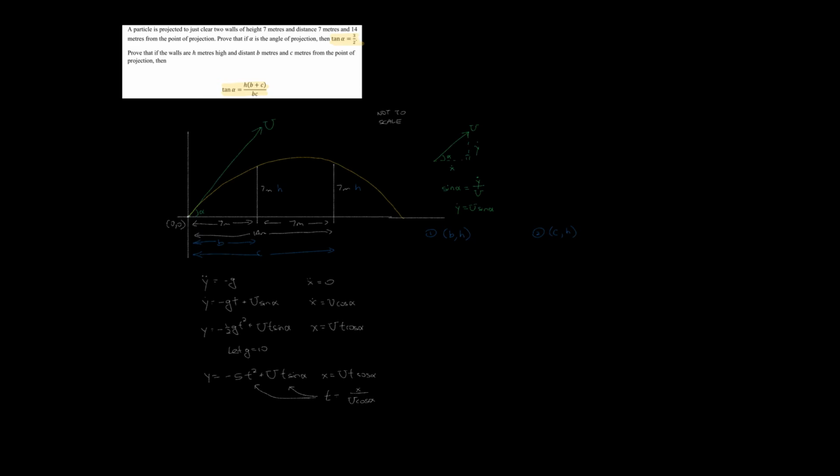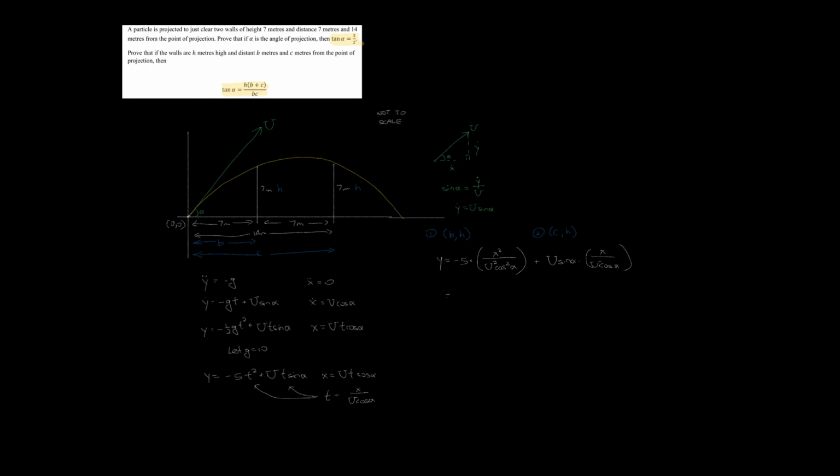So then we have y is equal to negative 5 times, so we need to square that, x squared over u squared cos squared alpha, plus u sine alpha multiplied by the t, which is the bit in the brackets.